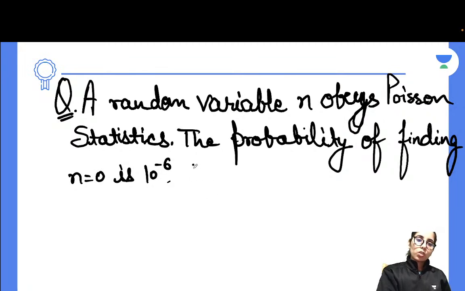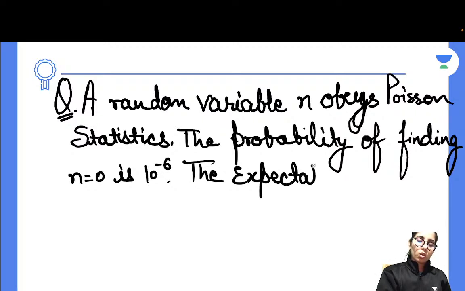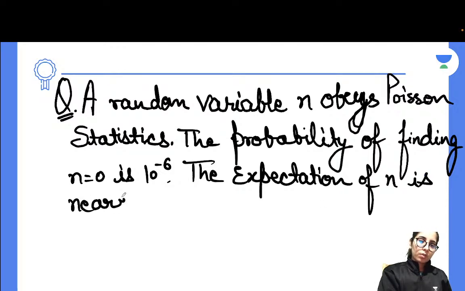The expectation value of n is nearest to... The options are... Guys, probability is one of the topics you can expect questions from in the upcoming exams.